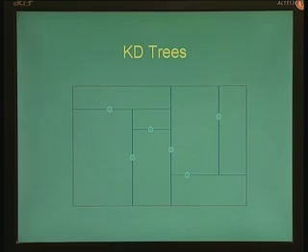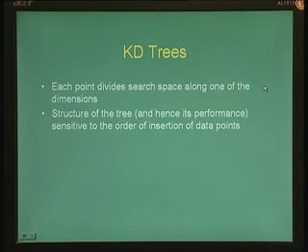But of course there is another way of looking at KD trees, where each data point here is found to bisect a given space into two different subspaces. We shall not go into much more detail here because KD trees in itself is a vast subject.